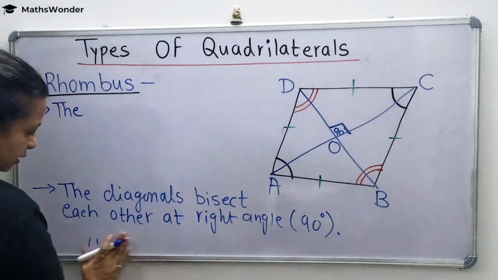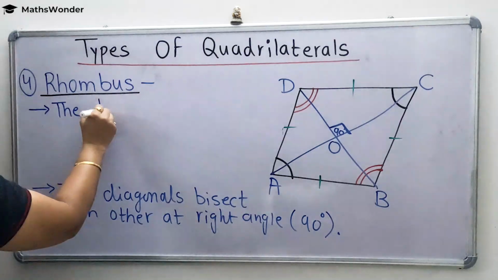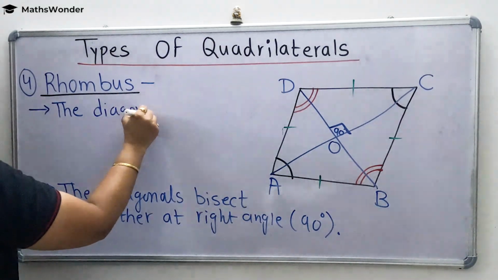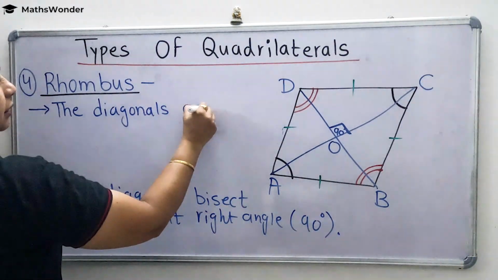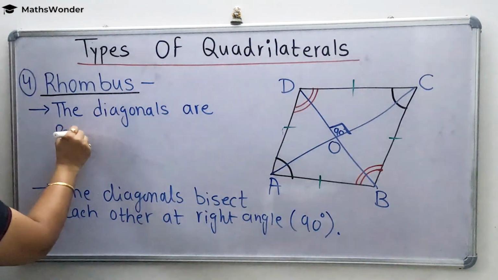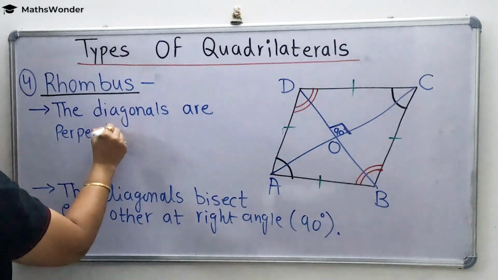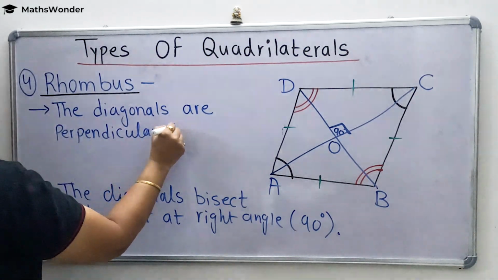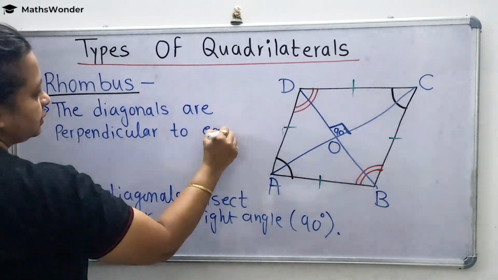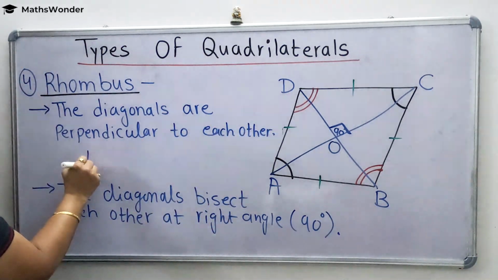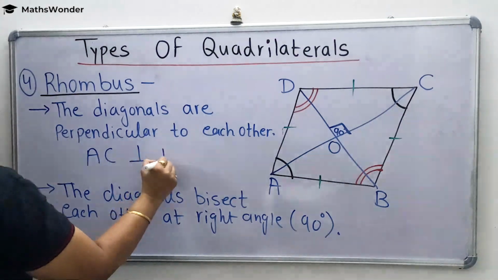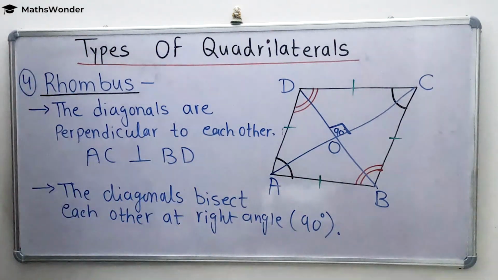Actually, you don't have to write this here. The diagonals are perpendicular to each other. So you can write it with the symbol: AC is perpendicular to BD.